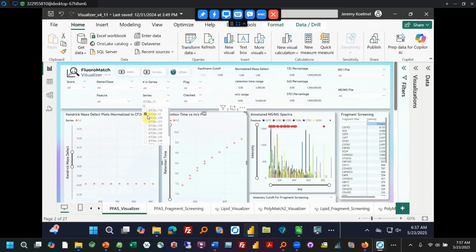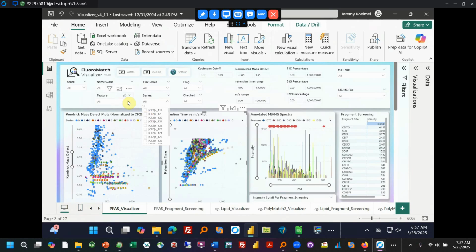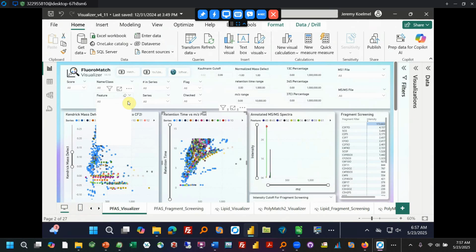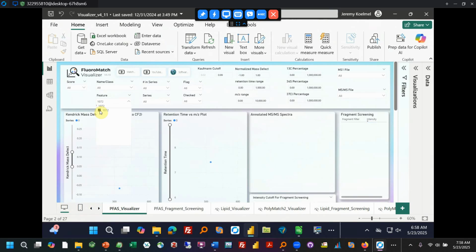So this might be one of those cases where you might want to put another filter. But again, in our case, the software is probably quite quick. Well, talked too soon. Here it goes loading. All right. So there's the 1072. So you just have to be patient in that case.